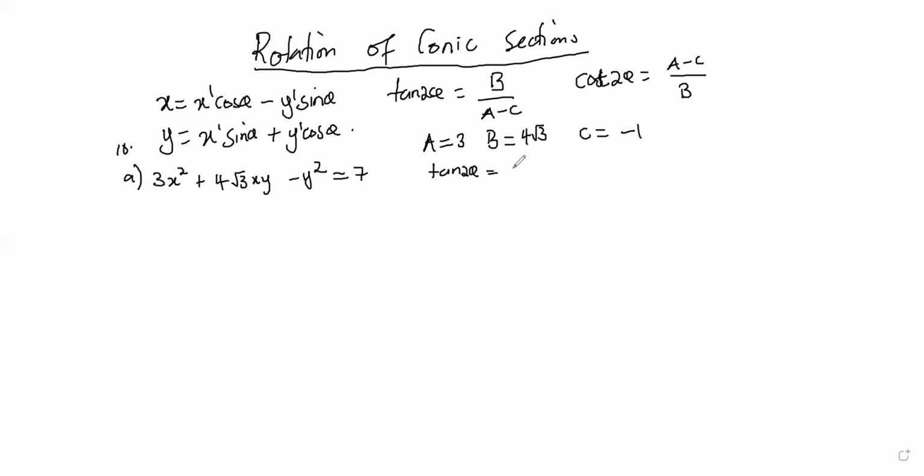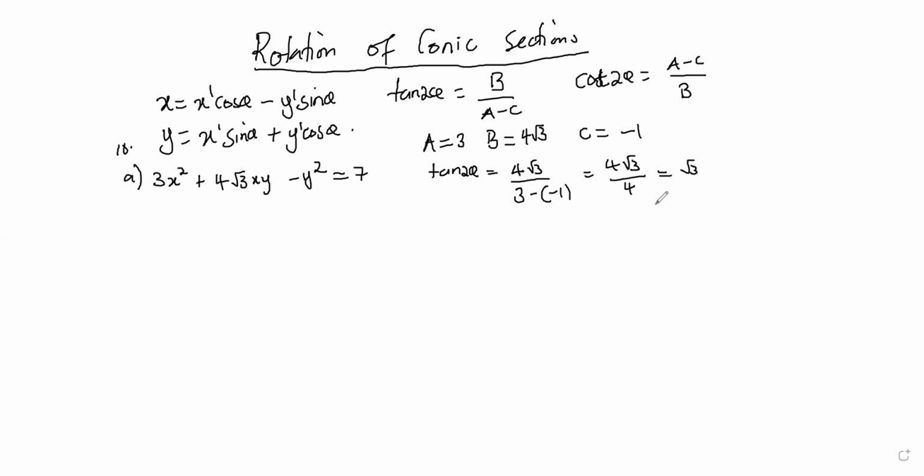B, which is going to be 4 root 3 over 3 plus 1. So 4 root 3 over 4, which is root 3. So that's tan 2 theta.